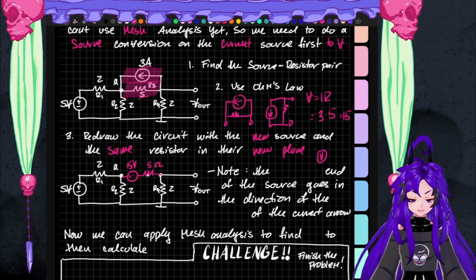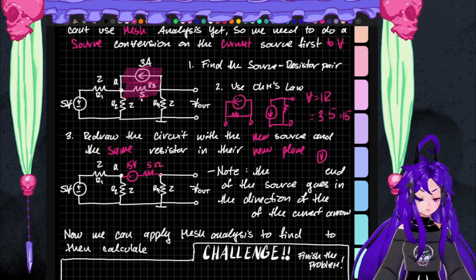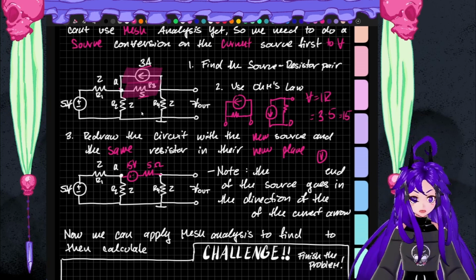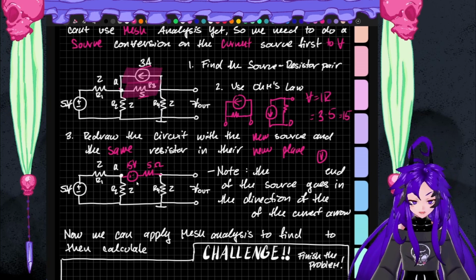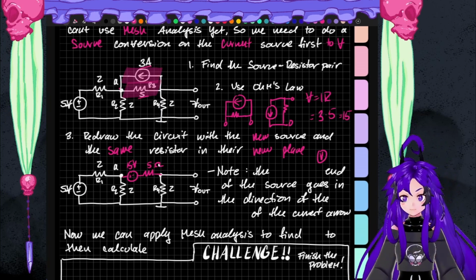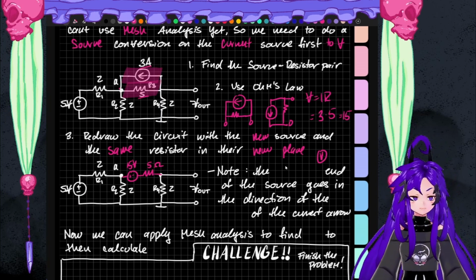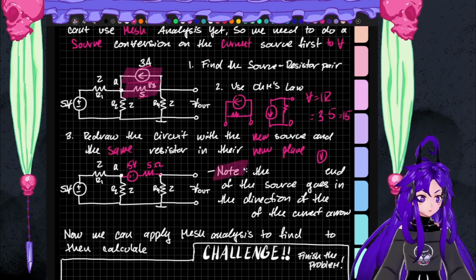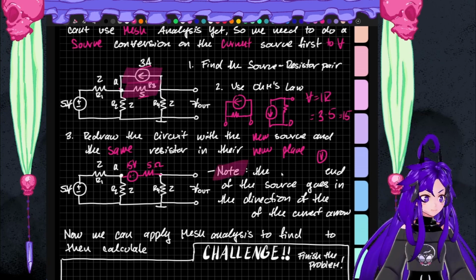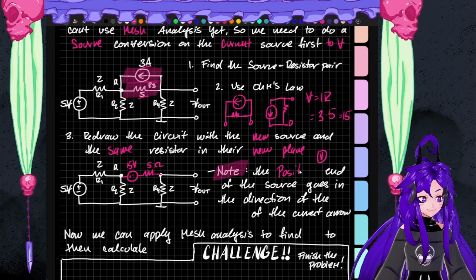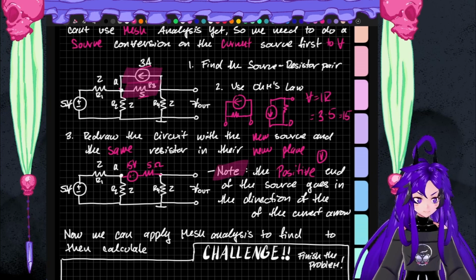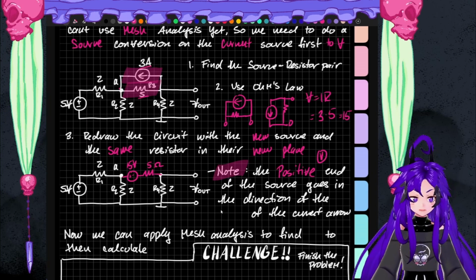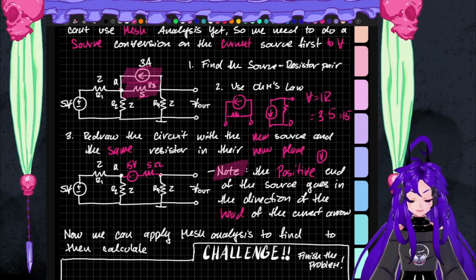So basically we figured out as engineers that through the magic of Ohm's law and Kirchhoff's laws, we can just do this. We can convert this. So something we need to note, the positive end of the voltage source goes in the direction of the head of the current arrow, okay?